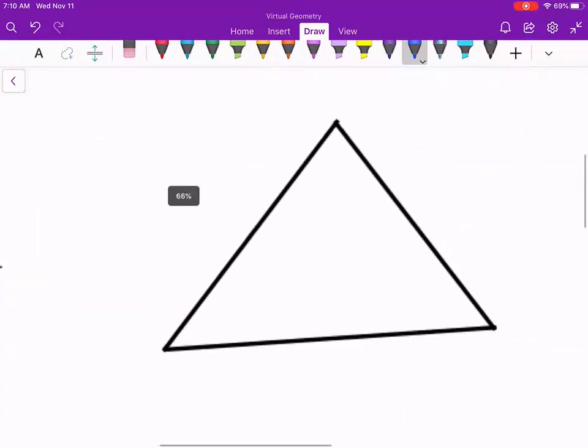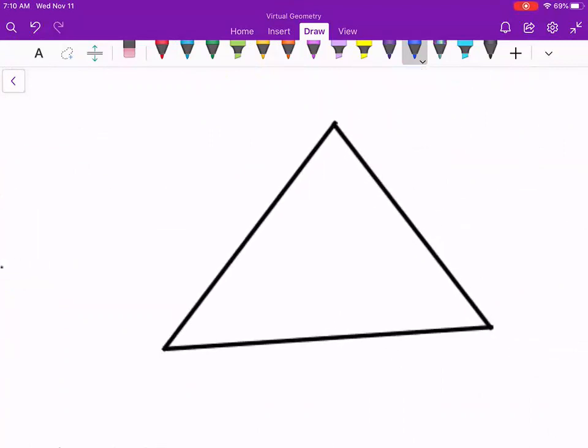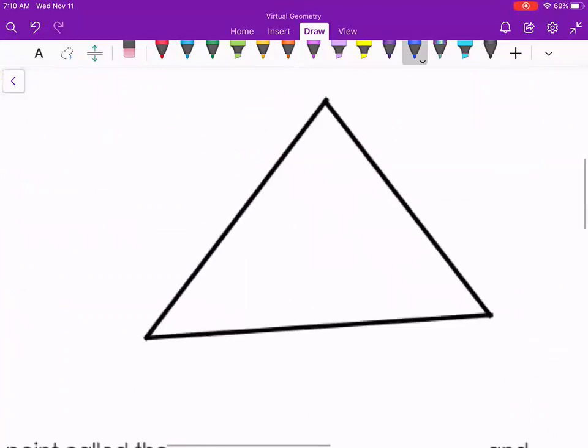So if we do the exact same thing that we did for the top triangle, this time I'm going to make the lines a little bit longer because all 3 of those angle bisector rays that I drew are going to cross in the same spot. Now, keep in mind, I am doing this free-handed, so I might be off just a little bit, but this is why we have the expression not drawn to scale.